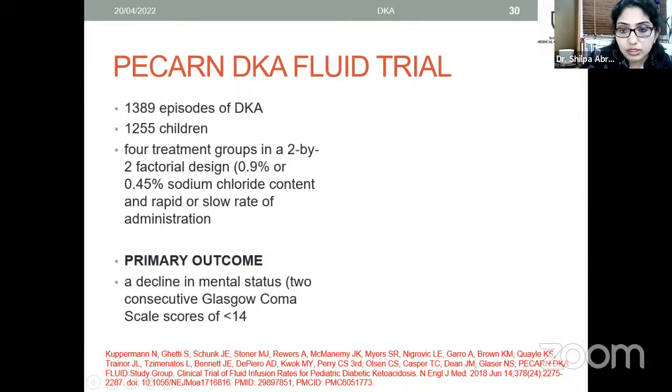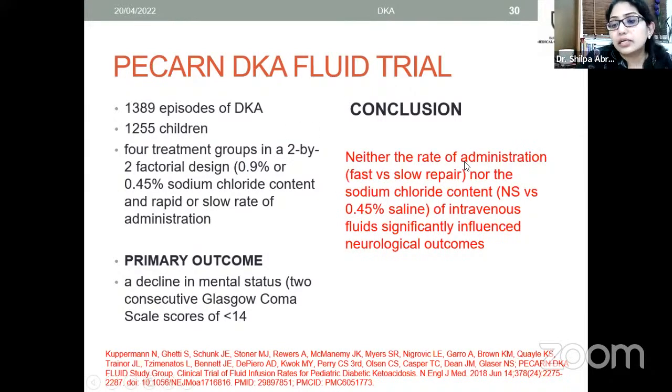And what they found was that neither the rate of administration, whether you gave it fast or slow, nor whether you gave NS or half NS, mattered for the ultimate neurological outcome.